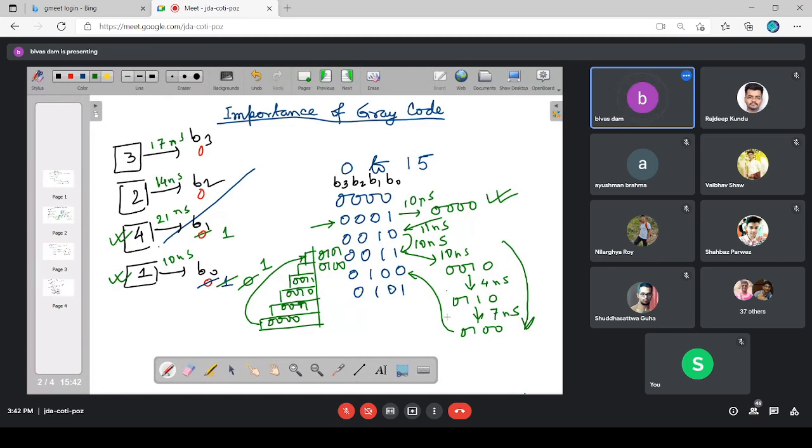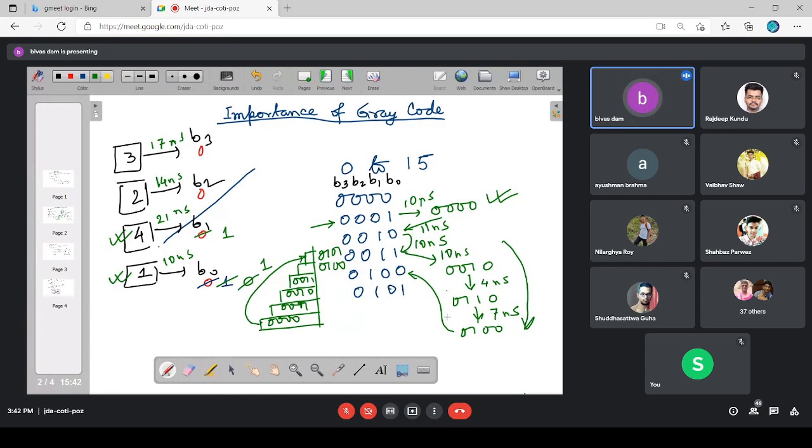I repeat, if between two successive count values there is a difference in only 1 bit position, that means only 1 bit is changing state, in that case there will not be any transient phase when you go from one count state to the next count state.